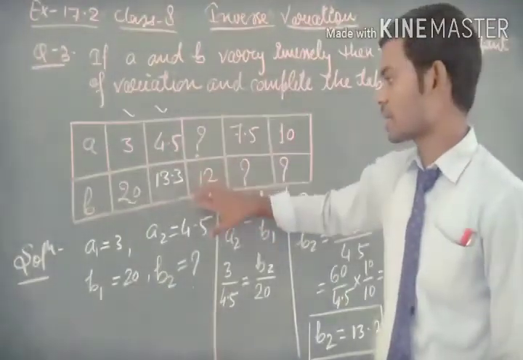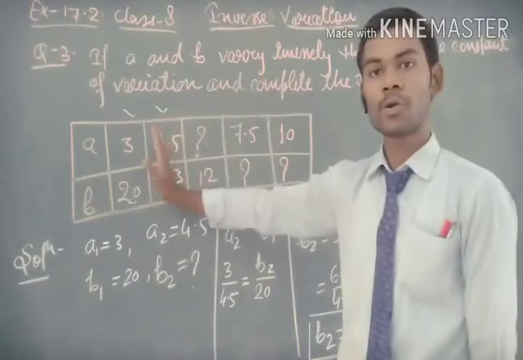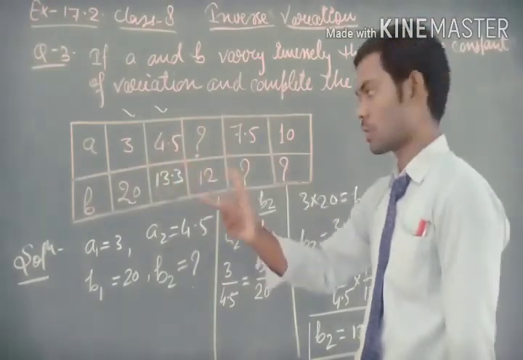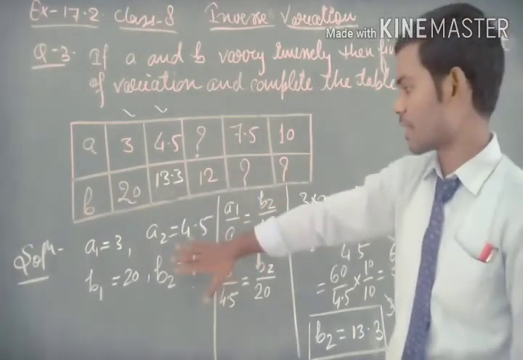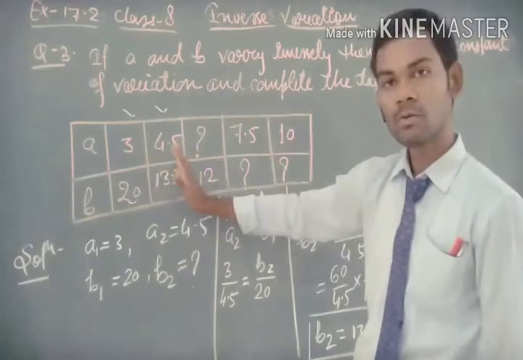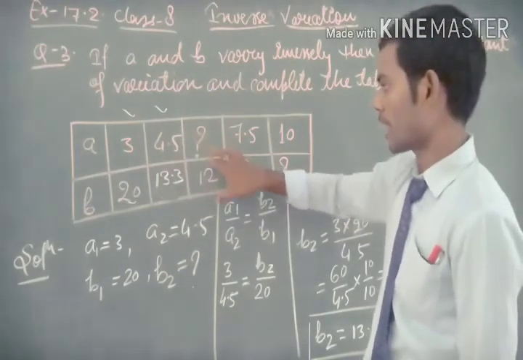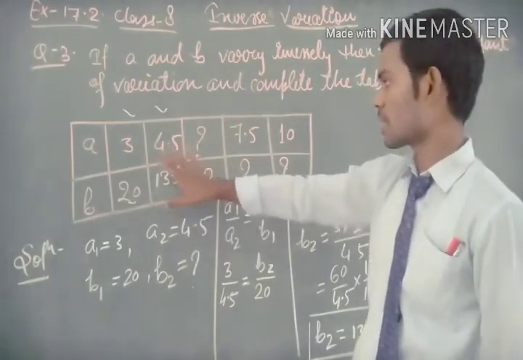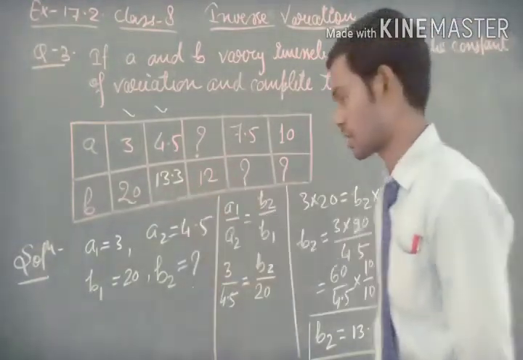Now in the next step, you can take A1, A3 or A2, A3. In both, you will get the same result. For our convenience, as we have taken A1, A2 and got the value of B2, in order to find the value of A3 we take A2, A3 and B2, B3, and then we shall get our next result.